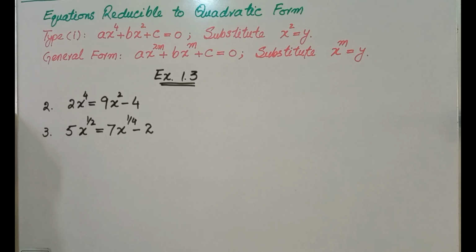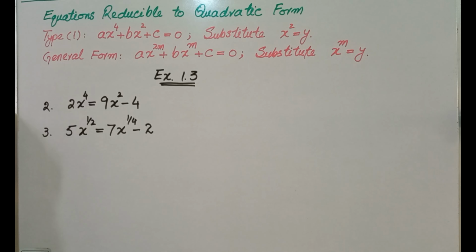After simplification, we obtain y is equal to 9 plus or minus the square root of 81 minus 32, which is 49, divided by 4, or this can be written as 9 plus minus the square root of 49, which is 7, divided by 4.